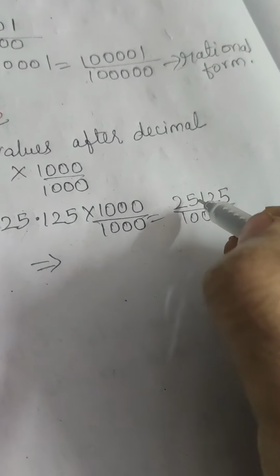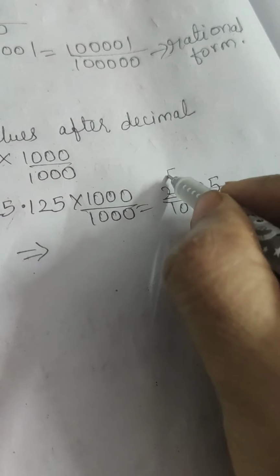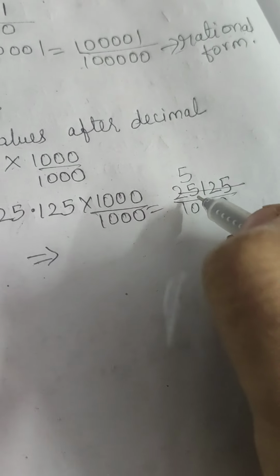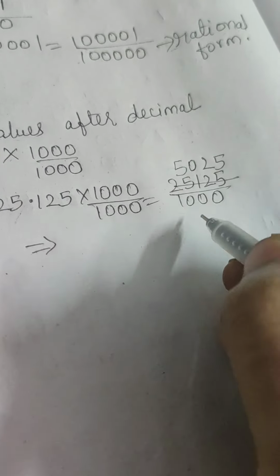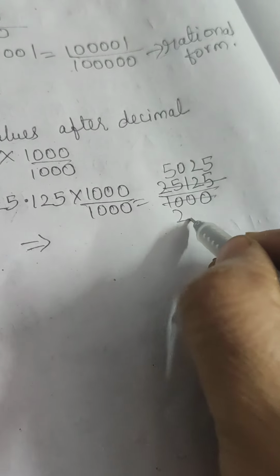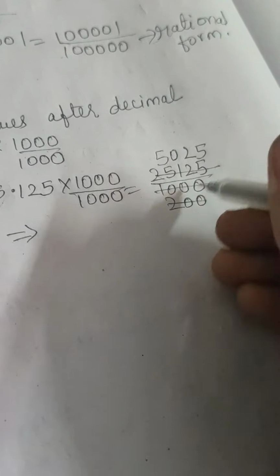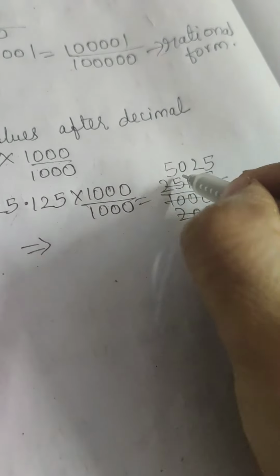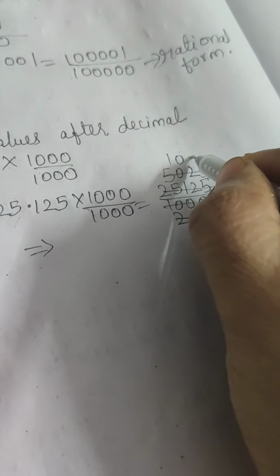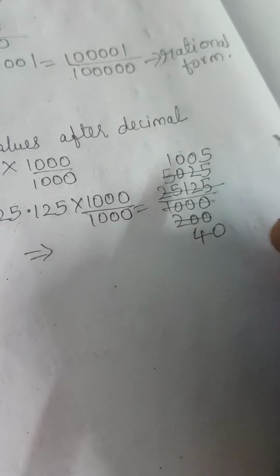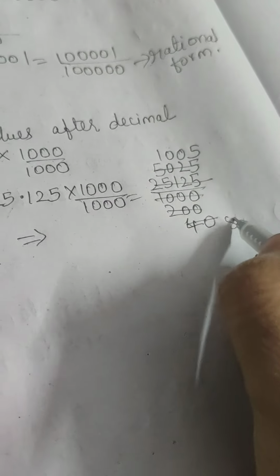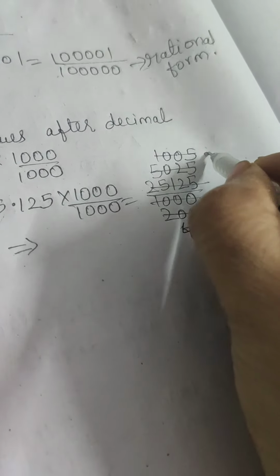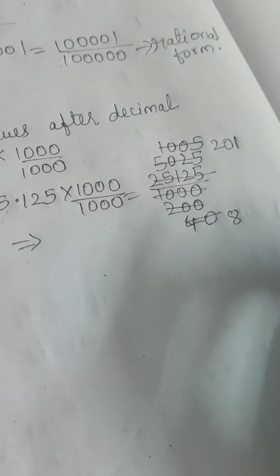We can cancel by 5. 5 5s are 25, 5 2s are 10, 5 5s are 25. Again we can cancel by 5. 5 4s are 20, 5 1s are 5, 5 5s are 25 again. Again if I cancel by 5, 5 8s are 40, 5 2s are 10, 5 1s are 5.